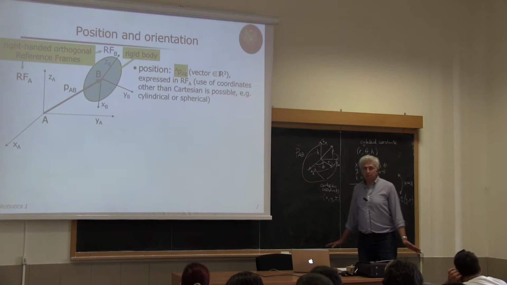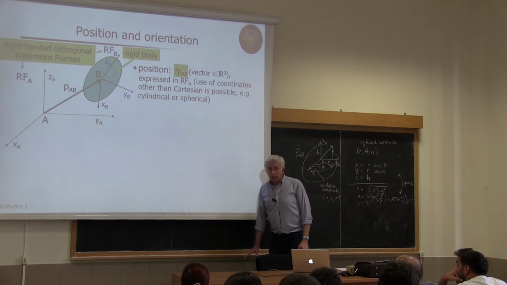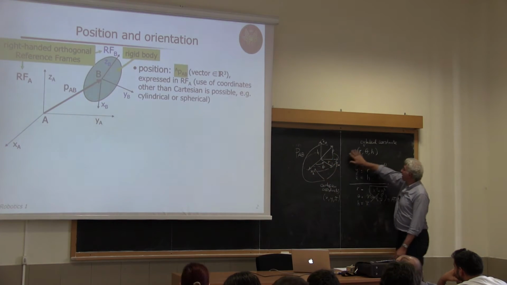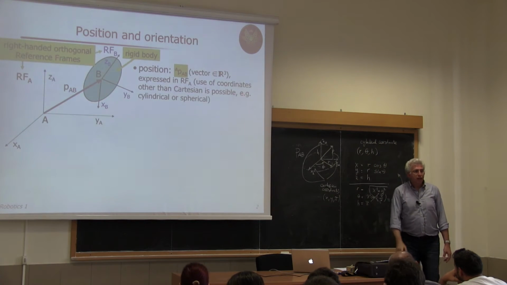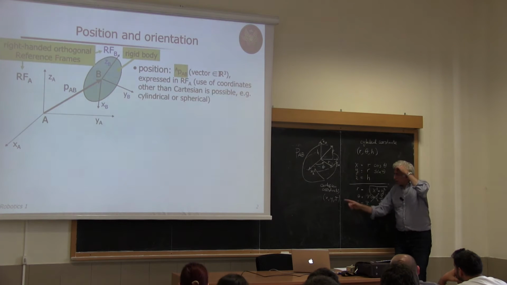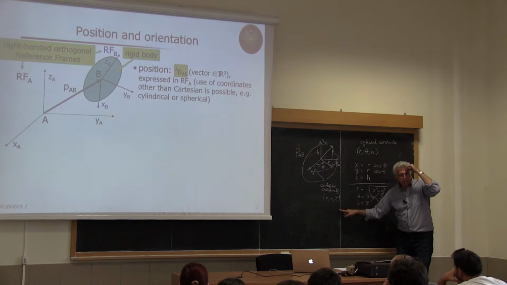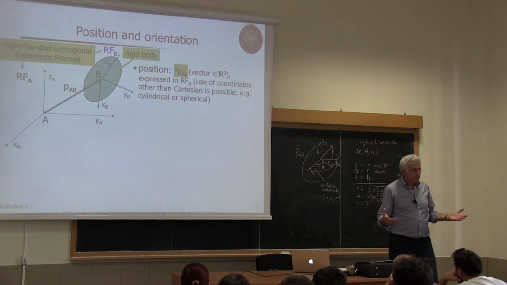There's nothing more. The only thing that I would like you to take into account is that when you're expressing a vector, let's forget about cylindrical coordinates. Now let's use Cartesian coordinates. Even if you don't think about it, the three coordinates, the three numbers, are implicitly making reference to a reference frame.